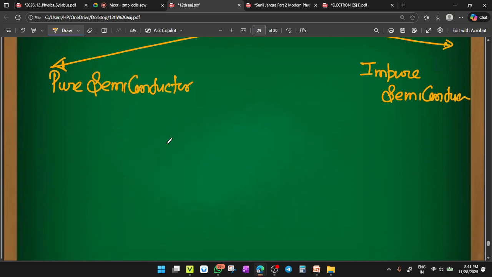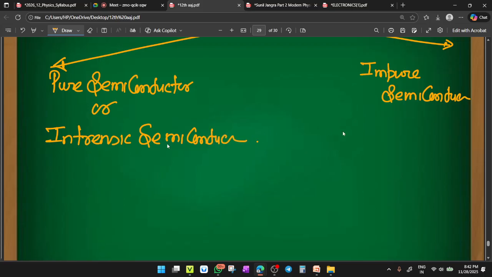Pure semiconductors are also called intrinsic semiconductors. An impure semiconductor is called an extrinsic semiconductor. Clear, beta? So these are called pure semiconductors and impure semiconductors.